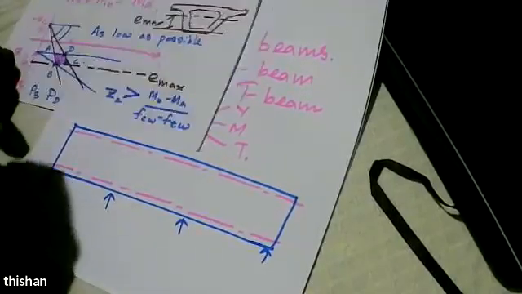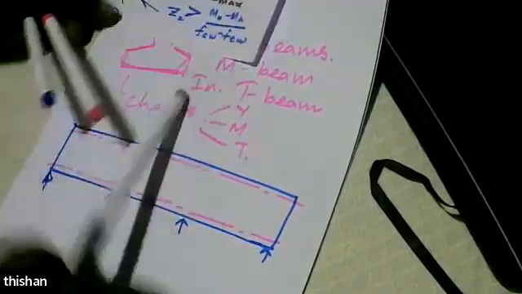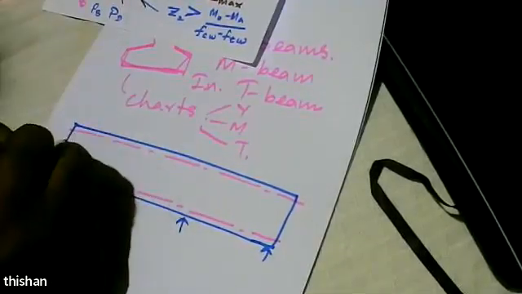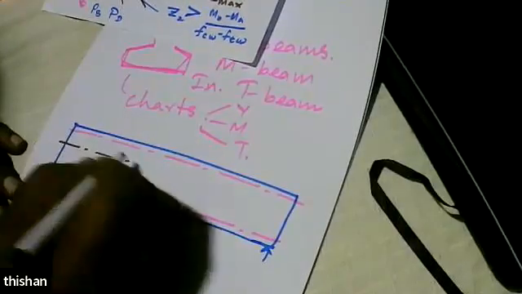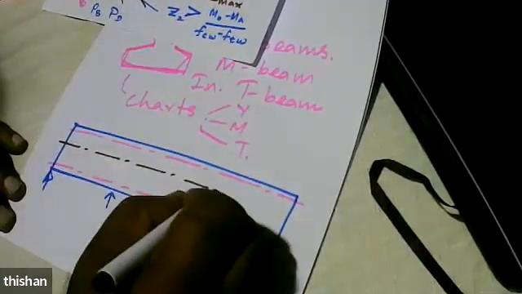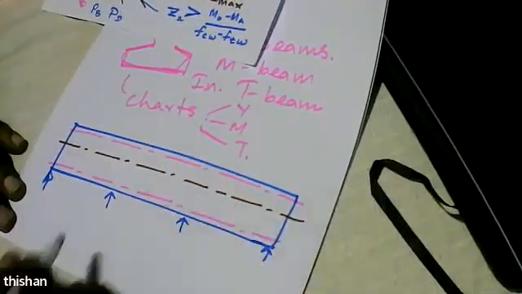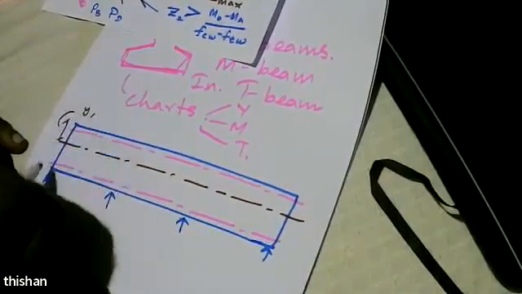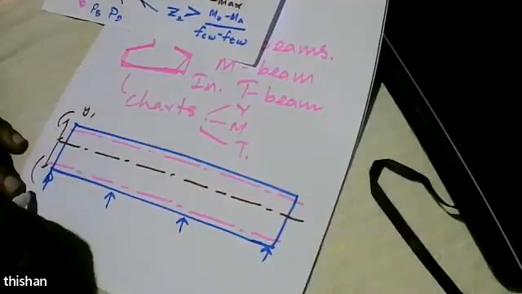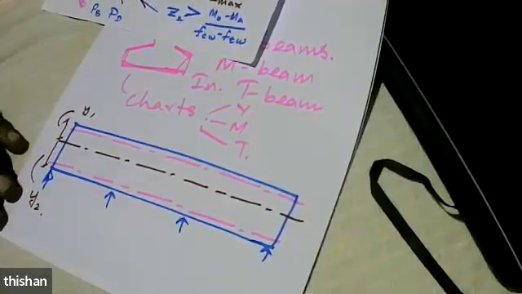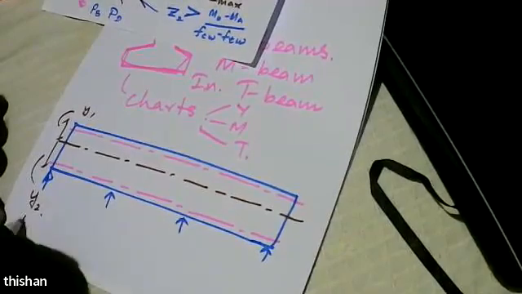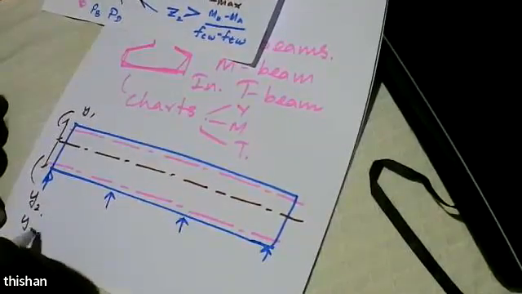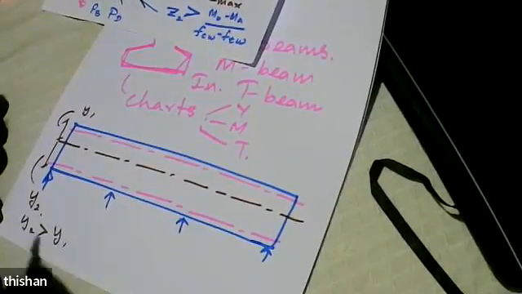And this is the level where you get the centroid. Because the top flange is wider, this is Y1, this is Y2, and Y2 will be greater than Y1 because the top flange is thick.